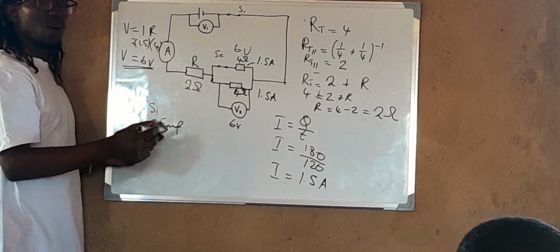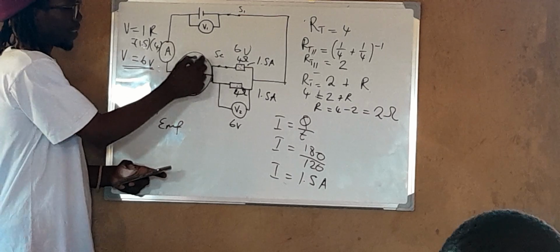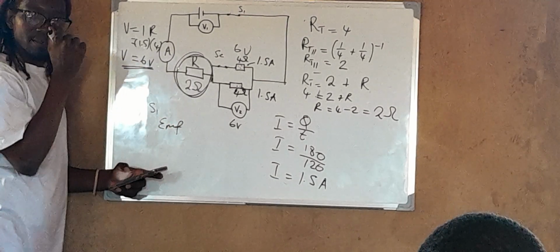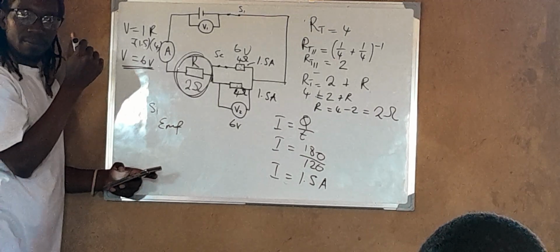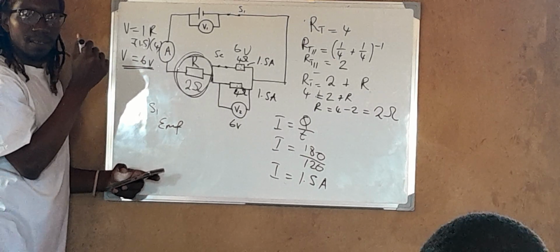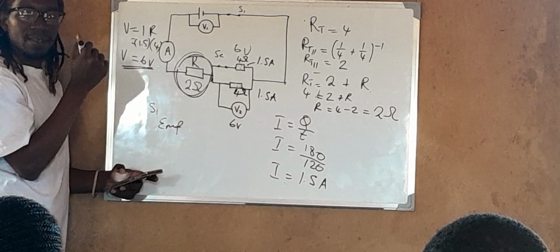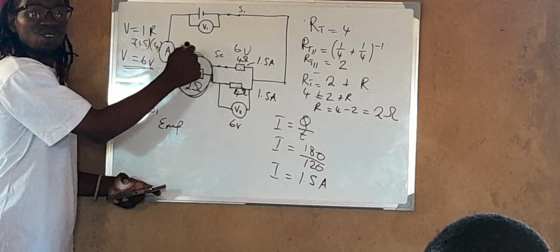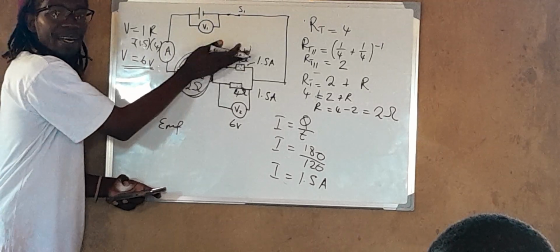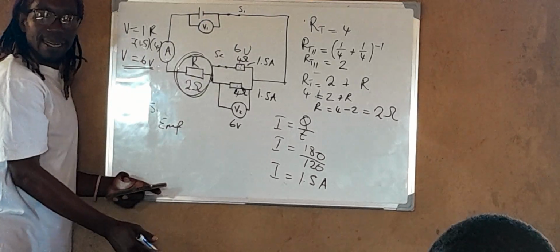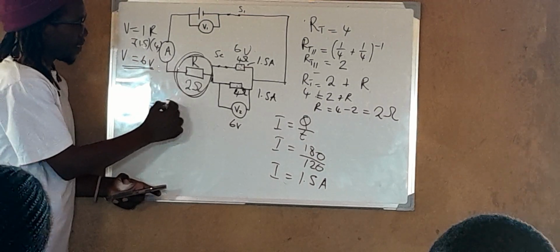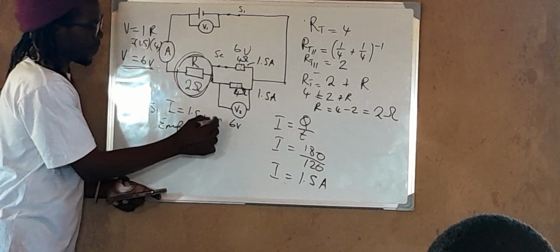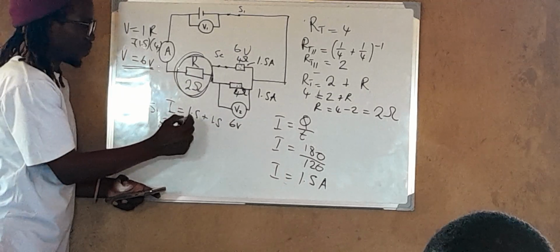Now what about the current passing through here? Don't forget that the total current is equal to the sum of the currents in parallel. So the current is 1.5 plus 1.5, because this is 1.5 and this is 1.5, which is 3.